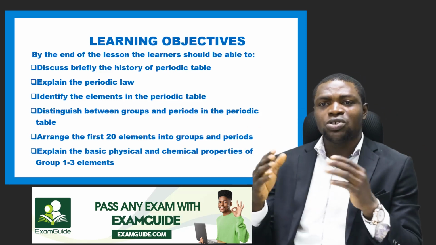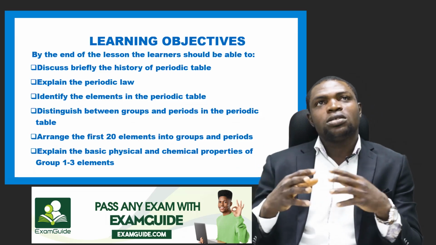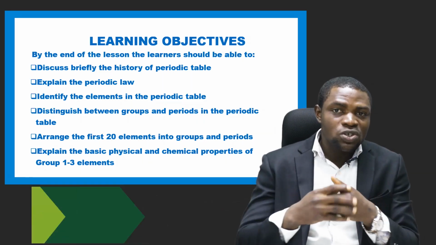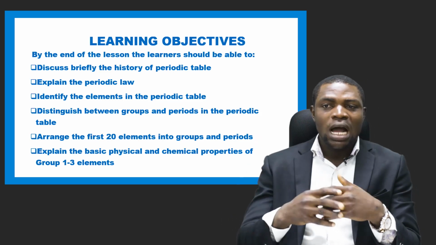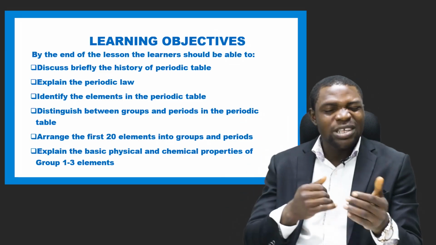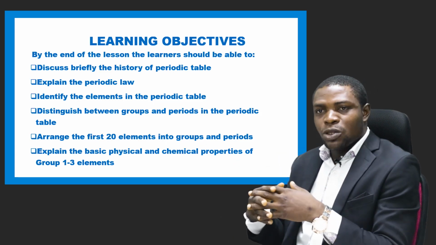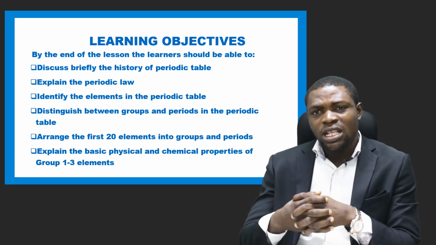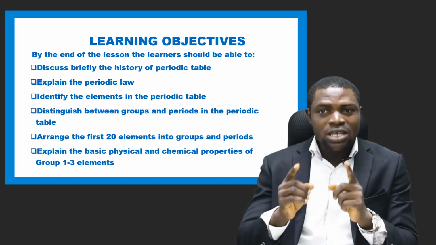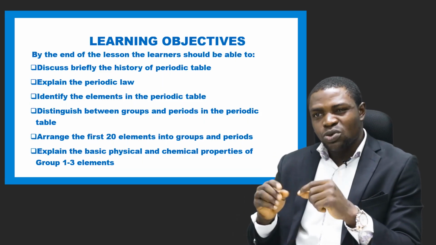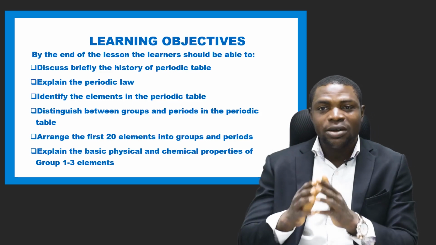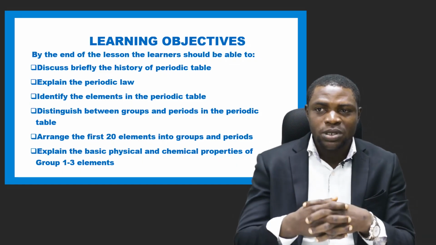At the end of this lesson, you should be able to distinguish between the groups and the periods. I'm going to show you the way the periodic table is structured, into groups and into periods, and I'm going to differentiate between this particular arrangement. Then you should be able to arrange the first 20 elements into groups and periods.